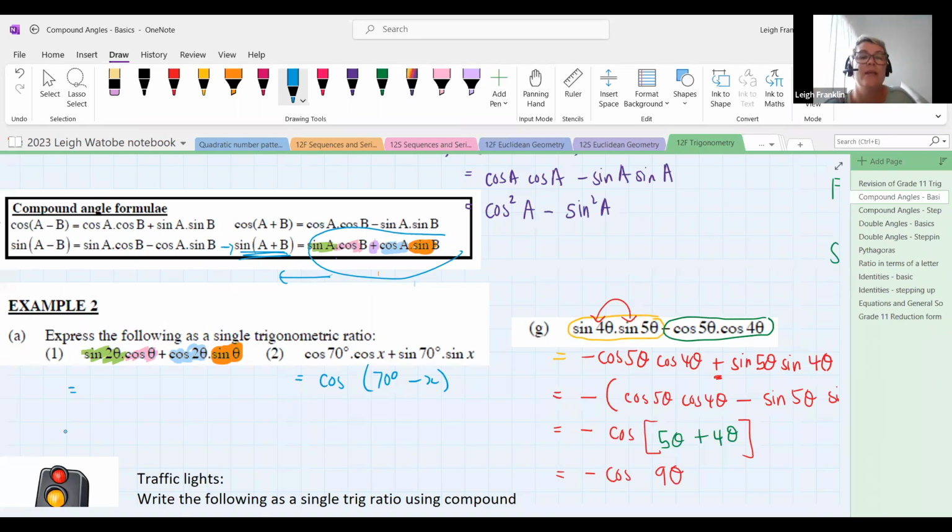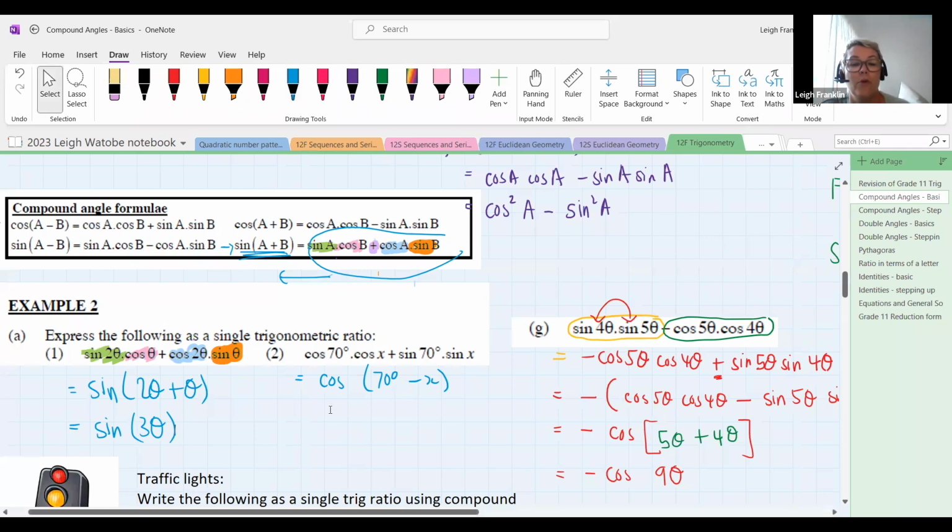It looks absolutely identical to my compound angle formula. So now I'm allowed to write this as sine brackets 2 theta plus theta, and then I add together my like terms, and that gives me 3 theta. Does that make sense now? Yes, ma'am, thank you. Okay, no problem.